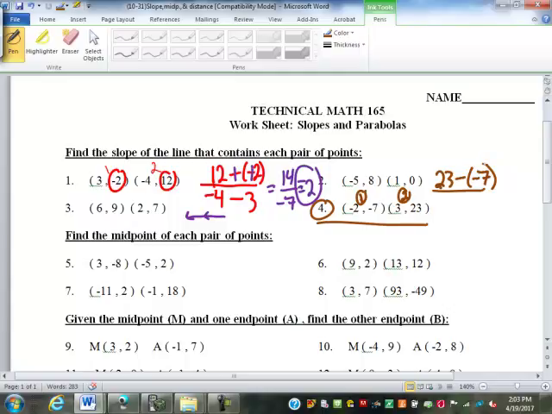Remember, it's y2 minus y1. Yep. And on bottom? Three minus negative 2. Good. So what is 23 minus negative 7?